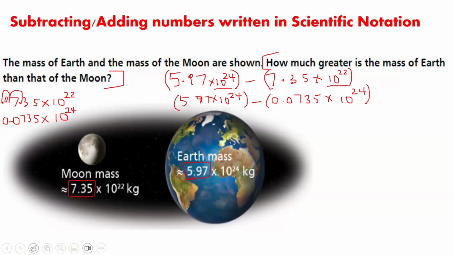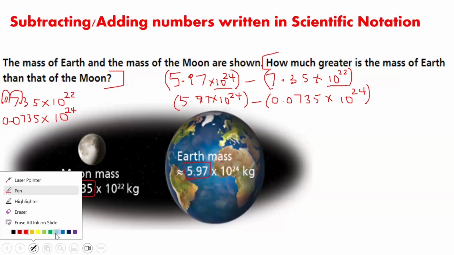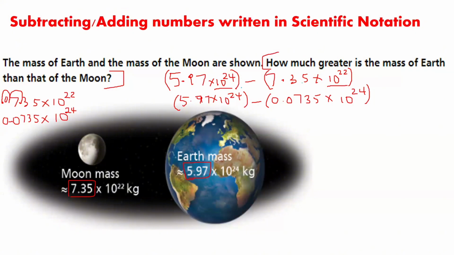Let me just highlight the exponent to show you that they are now the same, and it is safe for us to go ahead and subtract. So if you look at our exponent here, which is our powers of 10, they are the same, right? Now we can go ahead and subtract.